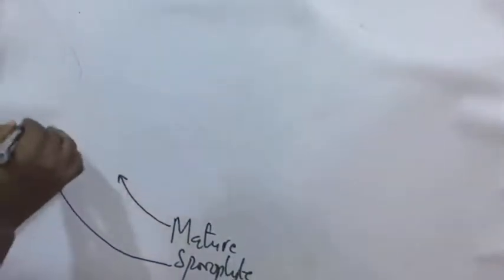It has a male cone and it also has a female cone. This is the male cone. Another name for the male cone is pollen cone.